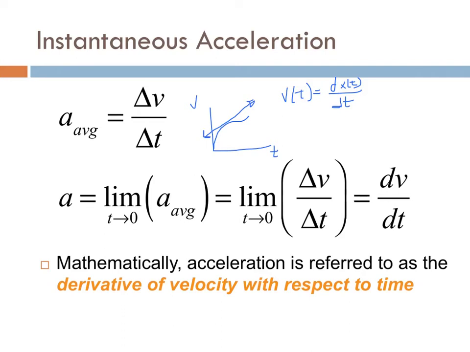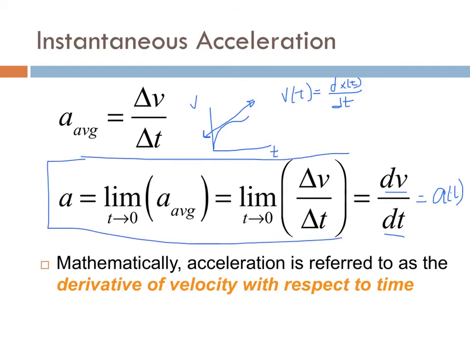In that case, we would be getting the derivative of velocity with respect to time. This is also known as acceleration. Again, this piece is going to be focused on a little bit more in your calculus class, but we will cover it again in class.